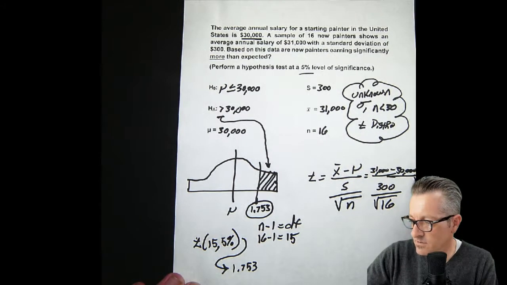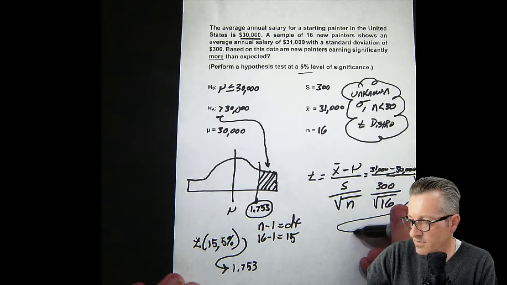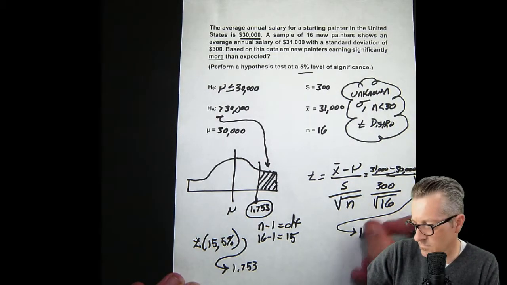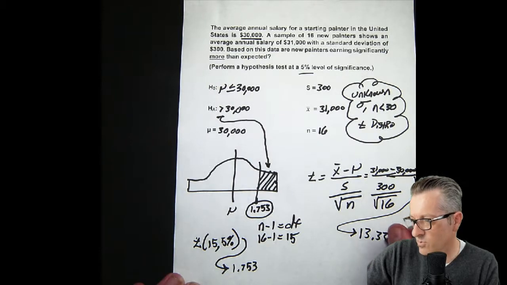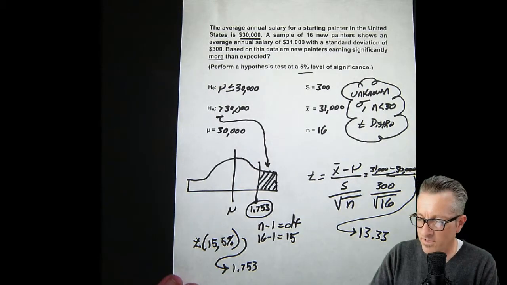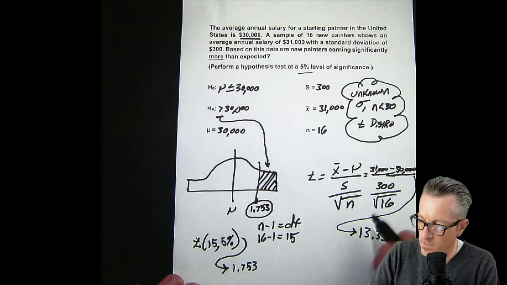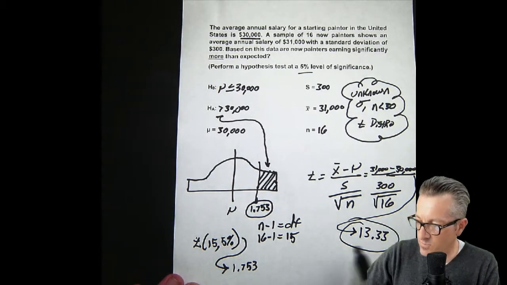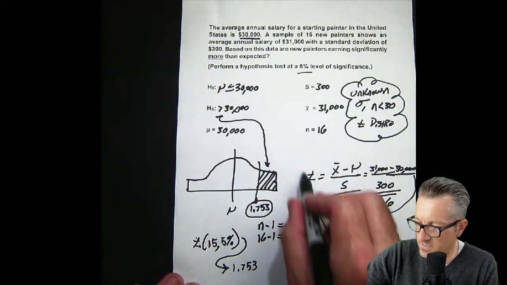So bringing this down, I have the answer calculated for ease. It's 13.33. Huge number when you look at what we're working with. So we take this 13.33 and we see where it fits in.